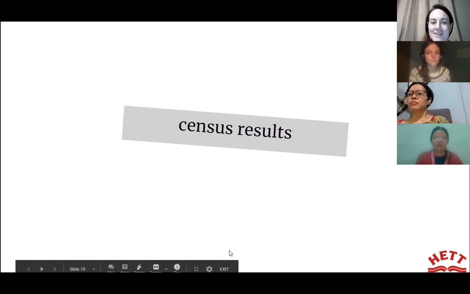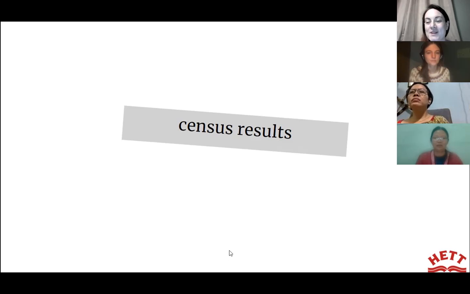Okay. Yes, it is a primary source. So you've collected that information directly from the census.